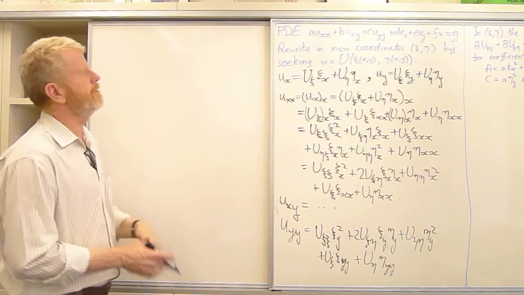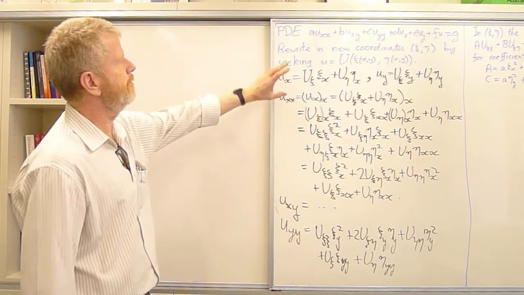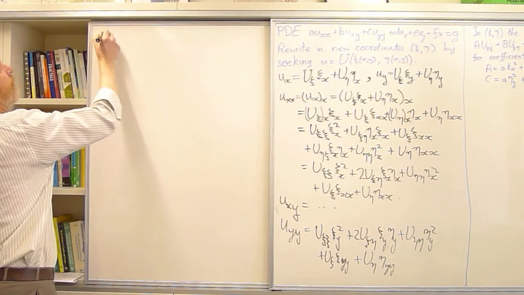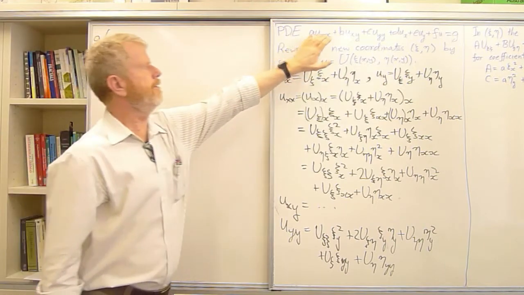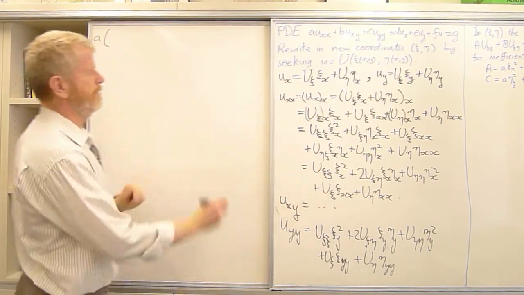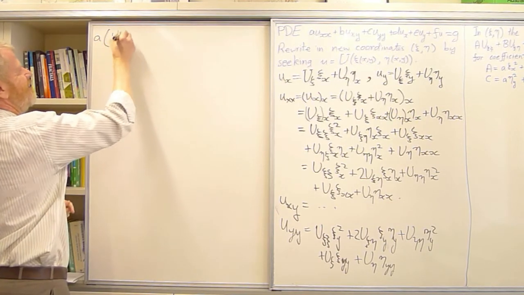Okay, so now the challenge is put this into the partial differential equation. So a uxx is a times all of this. So let's write it out.